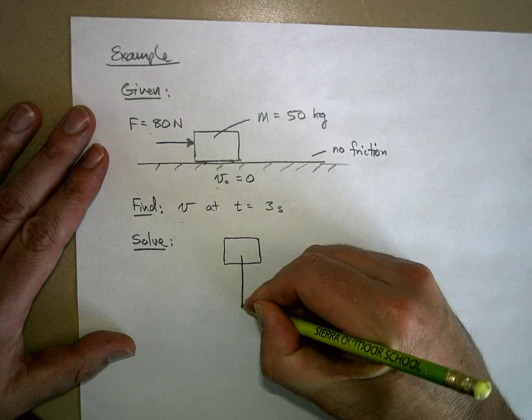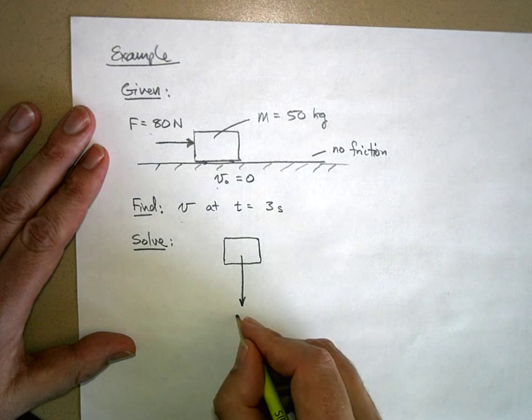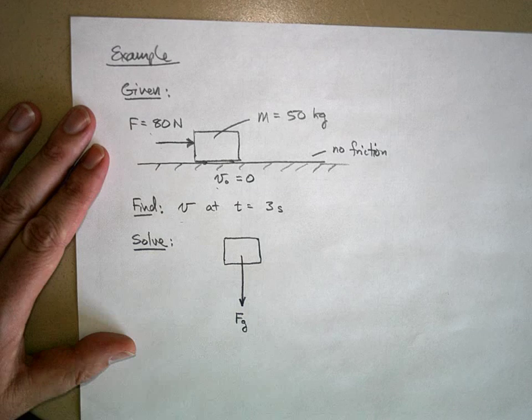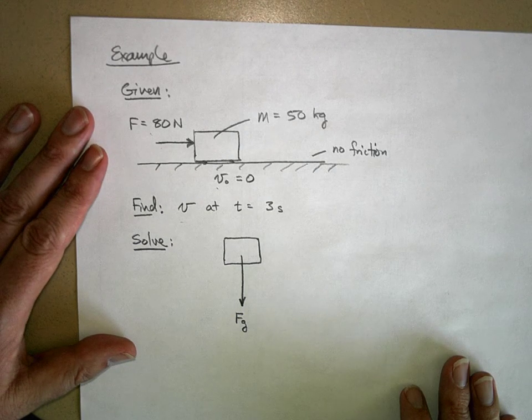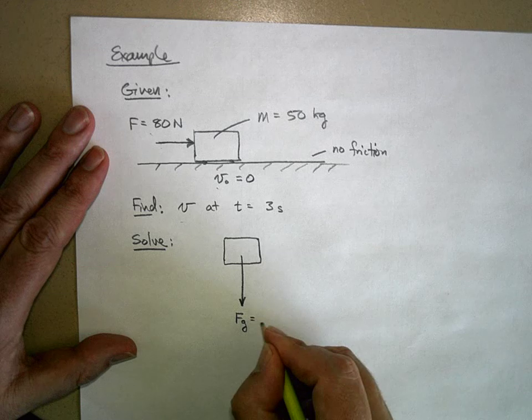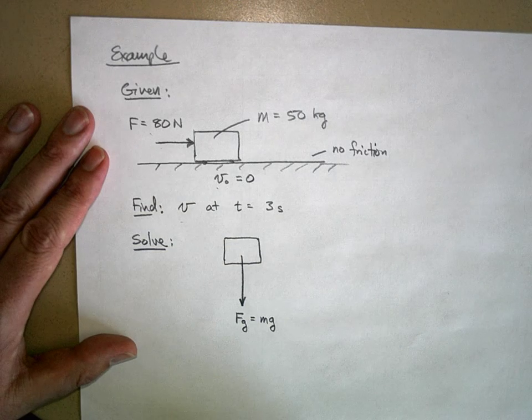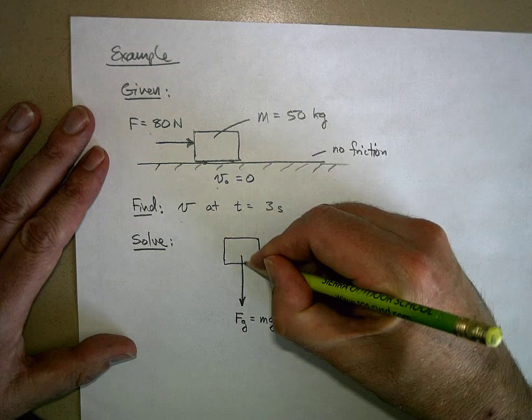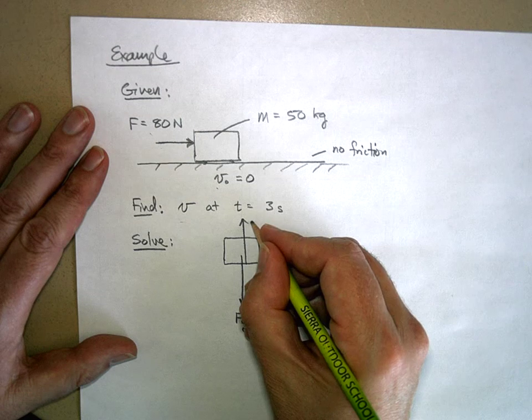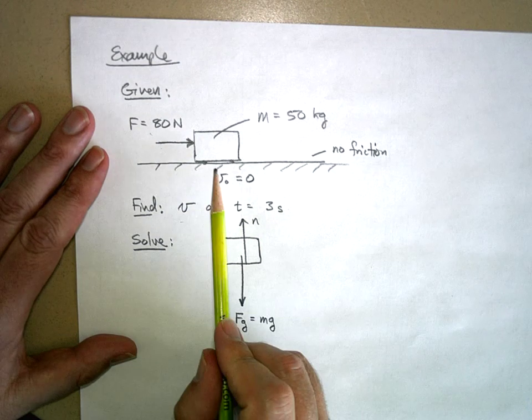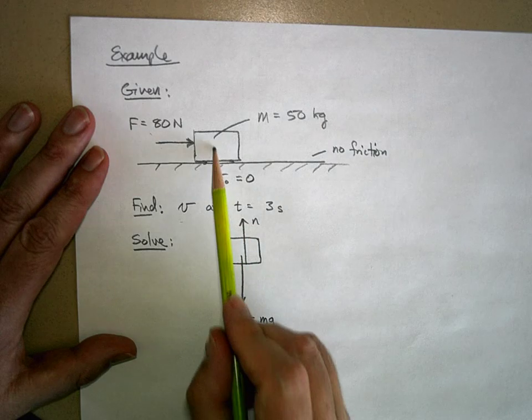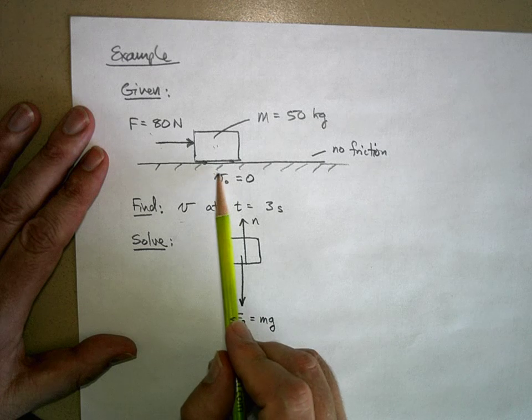There is a force of gravity acting on the crate, which is equal to mg. There is a normal force acting between the crate and the ground, so that normal force is pushing up.